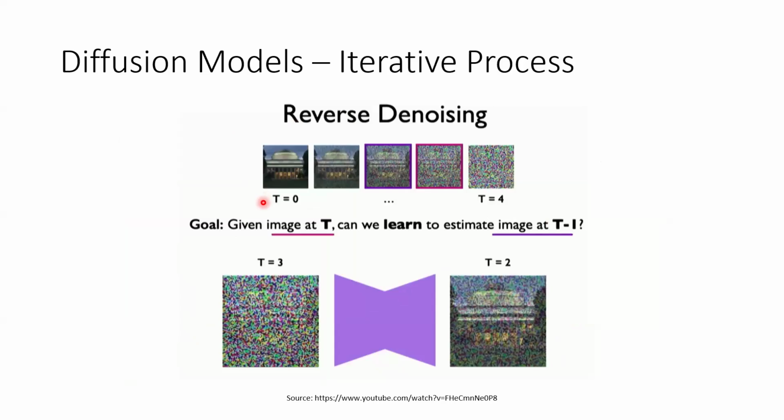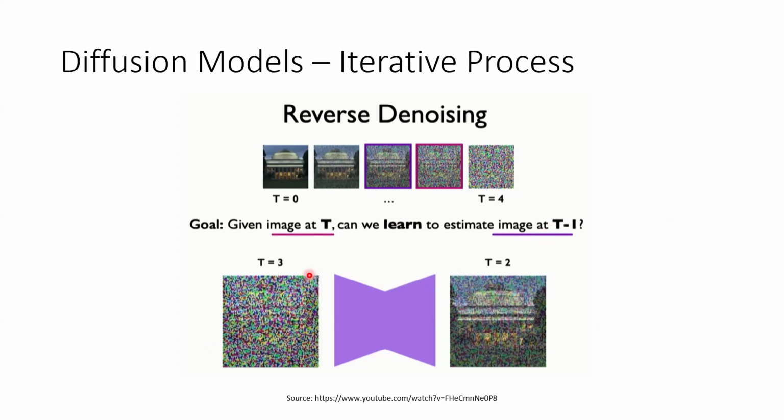So if you take this noising process and name the steps t equals 0, 1, 2, 3, and 4, right? This last one is the image that has no information but 100% noise. Now what we are going to try to do is learn a denoising function with the neural network: when you are given the image at time t, how to get the earlier time step, t minus 1.